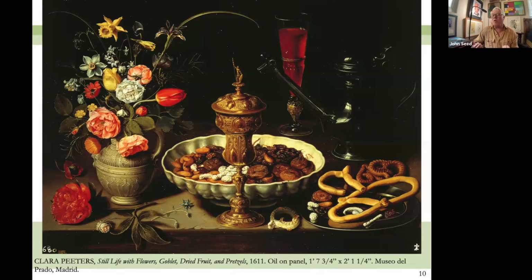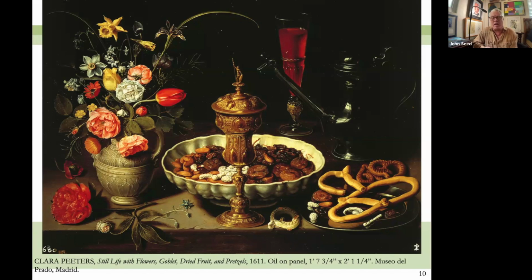And yet, even when they're not directly dealing with religious subject matter, they've got that little sting of morality. They tend to give you some advice about the way to live. And looking at this magnificent painting by Clara Peeters, Still Life with Flowers, a Goblet, Dried Fruit, and Pretzels, I almost get the feeling that there are comments on different aspects of life and spirituality.